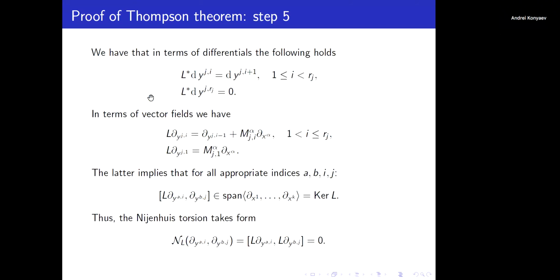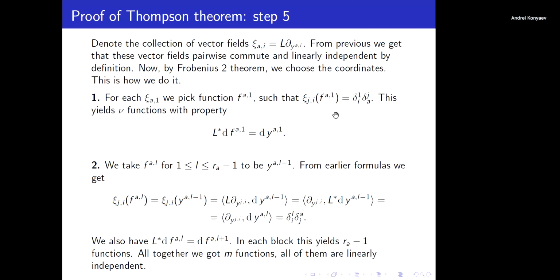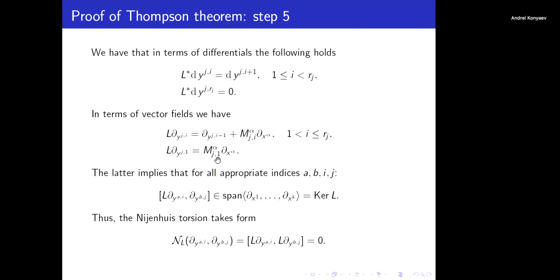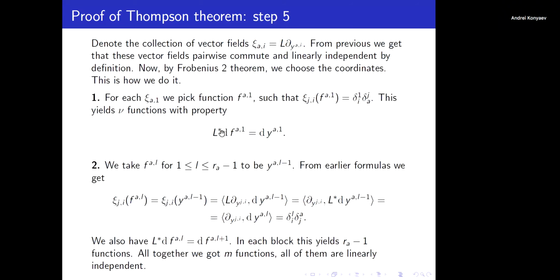The first vector field implies that it has no constant part. And we take functions which give 1 for coinciding numbers and 0 for all others. And if we again do the transposition, because of these formulas, we get this relation for this function, right? Okay.